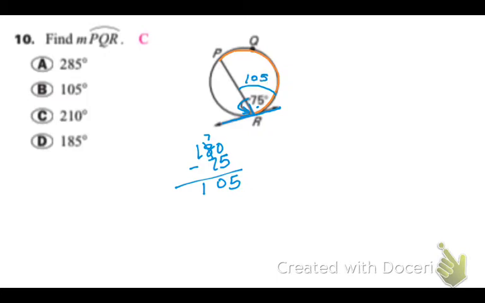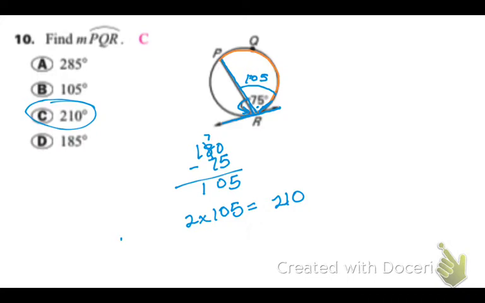Now remember what we said, that if you're measuring an angle that goes from the side of the circle and you're looking for its arc, you have to multiply this angle by 2. So I'm going to multiply 2 times 105 is equal to 210, and sure enough that is C.